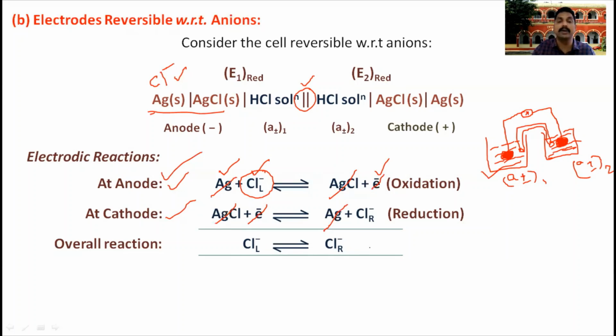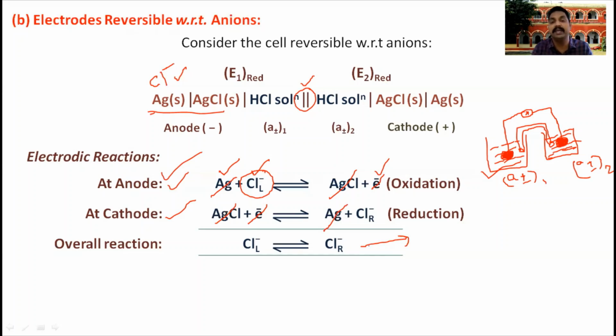So between these two we will have equilibrium, which means chloride ions are traveling from the left hand side to the right hand side. Chloride ions are moving from the left hand side half cell to the right hand side half cell. In actual, these ions are not moving through the salt bridge, but the overall picture looks so.